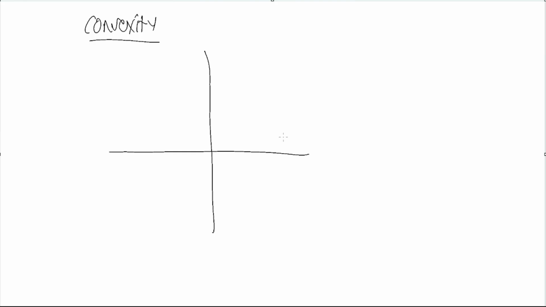Now, there are a few more things that you'll need to know, but luckily, these things are super intuitive, so you'll have no problem remembering them. Let's discuss the first one, convexity. Suppose you have the graph of y equals x squared, and it looks something like this.